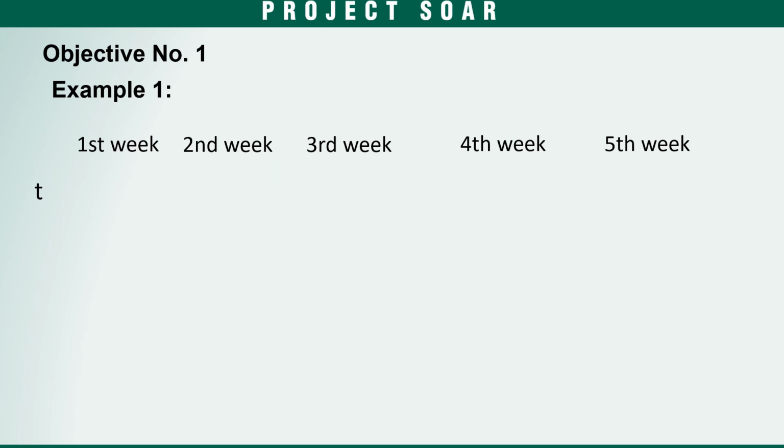So, T, there's a letter T there. That means a representation, a variable. It is a representation of the word term. While 10, 13, 16 are the terms, or the minutes Ricky jogs.